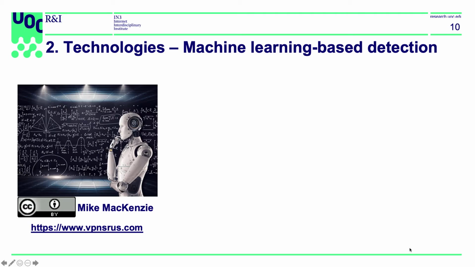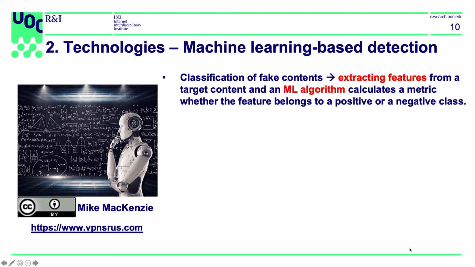And the third collection of techniques that we will use in the project is machine learning detection tools that will be used for the classification of fake contents. This involves, on the one hand, extracting features from a target content that we want to classify, and then calculating a metric using a machine learning algorithm to determine whether the feature belongs to a positive or a negative class. In this process, there are two steps: one step for feature extraction and another step for feature selection.